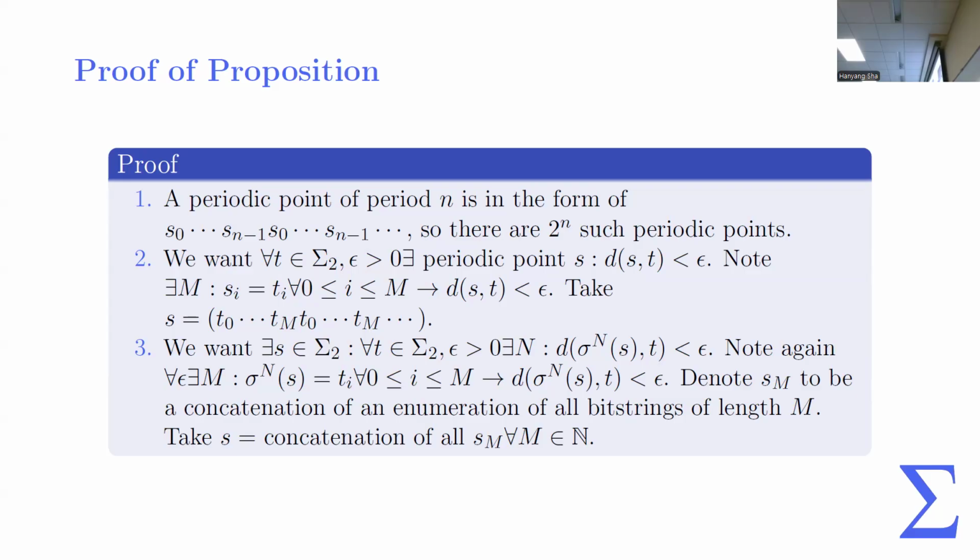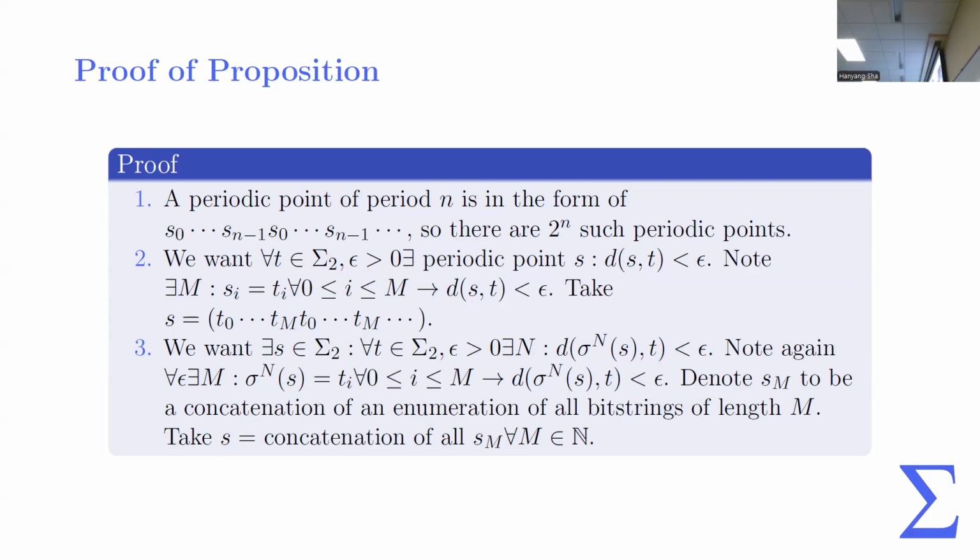So what this means is that again we use the critical observation, that this distance less than epsilon will mean that the first m bits agree for some m. And then let Sm be the concatenation of an enumeration of all bit strings of length m. So what does this mean?